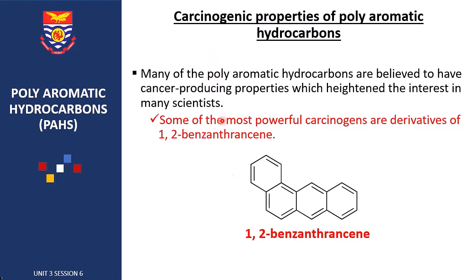Now, 1,2-benzanthracene and its derivatives are very harmful carcinogens when it comes to polyaromatic hydrocarbons. So 1,2-benzanthracene together with its derivatives are very harmful and very carcinogenic when they are inhaled into the human body.